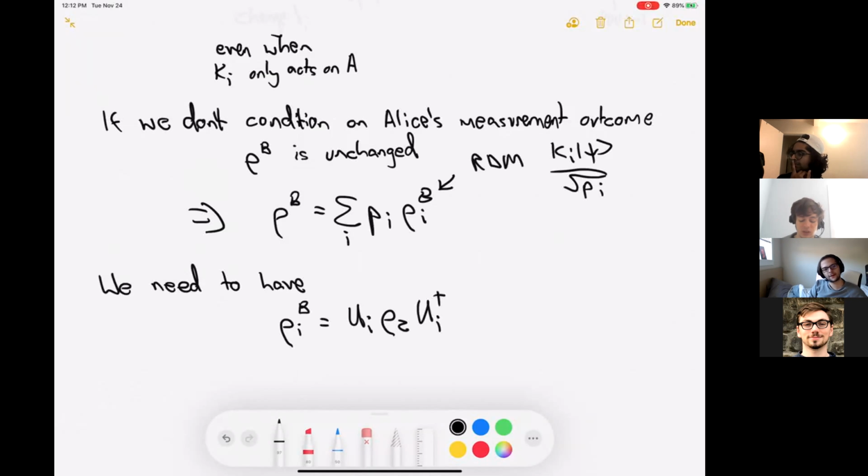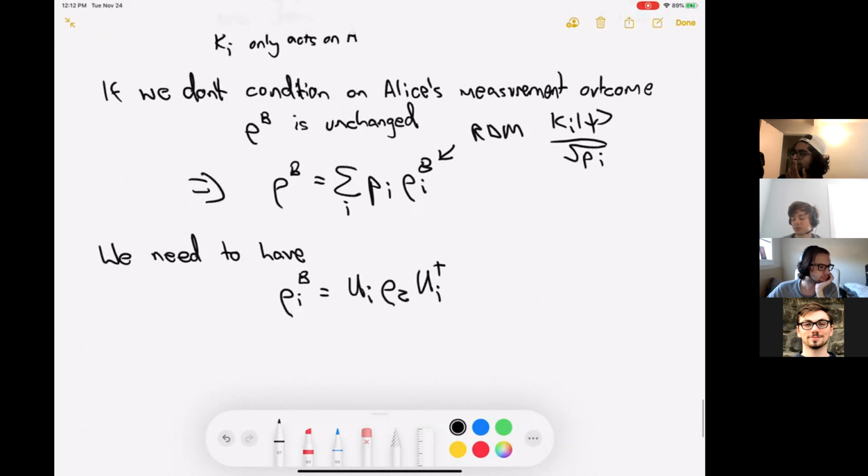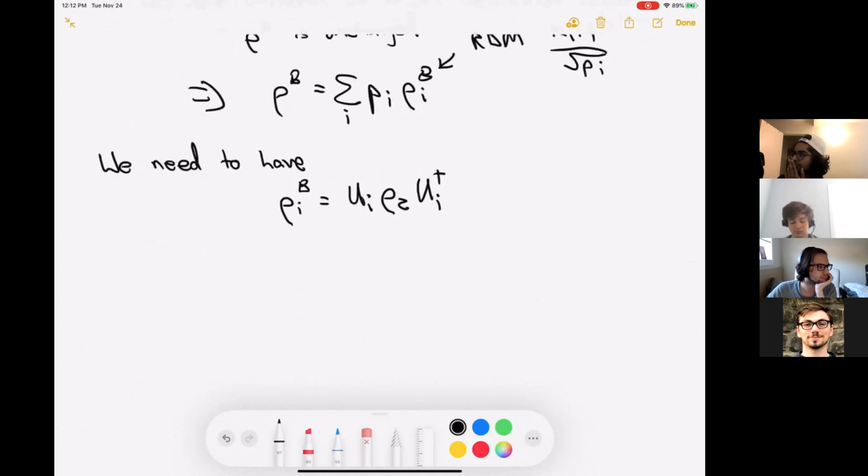The local unitary can be different depending on which measurement outcome we got, because Bob can do different things once he learns Alice's outcome. But if he's only going to do local unitaries after that, the final state he ends up with has to be rho 2, and so the state rho i has to be related to rho 2 by conjugation by some unitary.